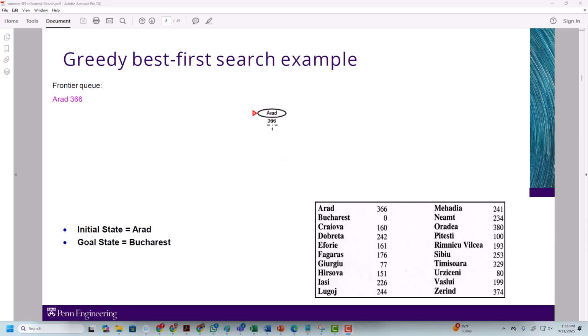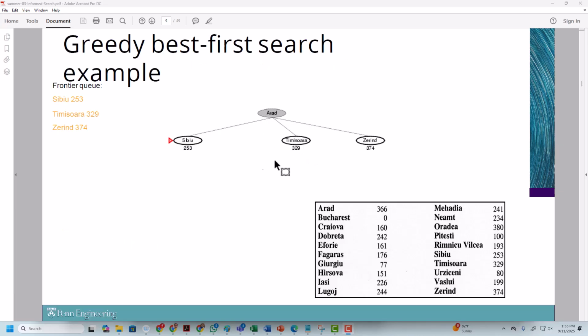Now from Arad, when I expand Arad, I will get Sibiu, Timisoara, and Zerind. And from this table, I have the straight-line distance from Sibiu to Bucharest, which is 253, Timisoara to Bucharest, which is 329, and Zerind to Bucharest, which is 374.